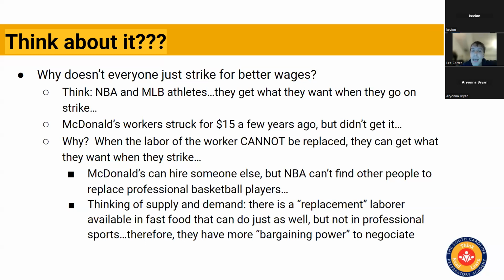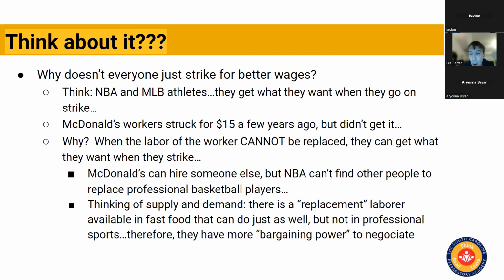Now, in the NBA, you can't find people to replace professional basketball players if they all sit out, who people will pay as much money to watch play basketball, right? Therefore, there's a supply and demand thing here. There is a replacement labor force available in fast food. They can do just as well. But in professional sports, there's not a replacement labor force that is as good.